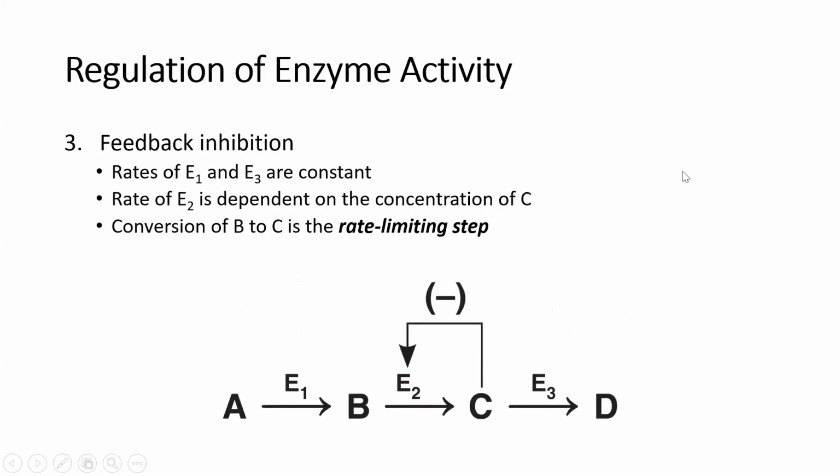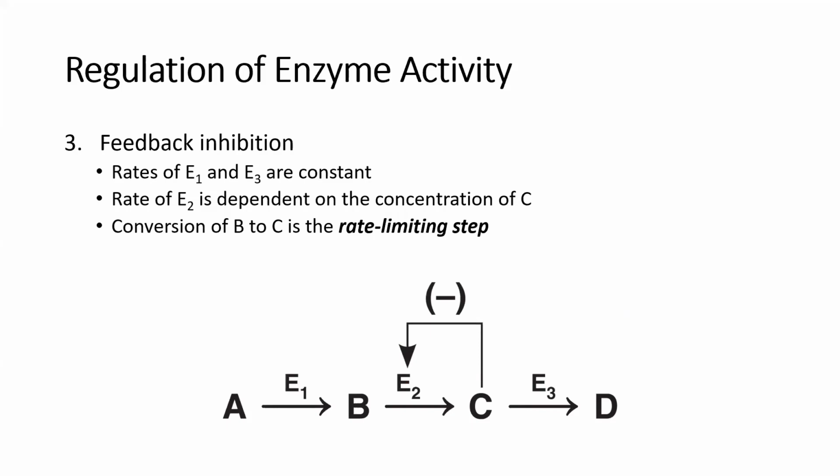The third mechanism of regulating enzyme activity is called feedback inhibition. This is essentially where the rates of some enzymes are constant, and then the rate of a specific enzyme is what determines the concentration of a product downstream in this reaction.